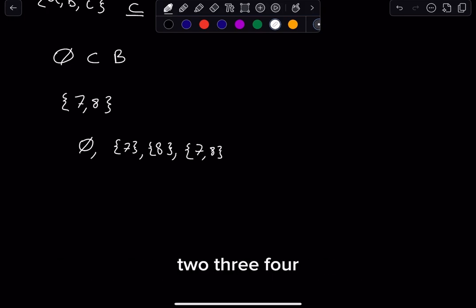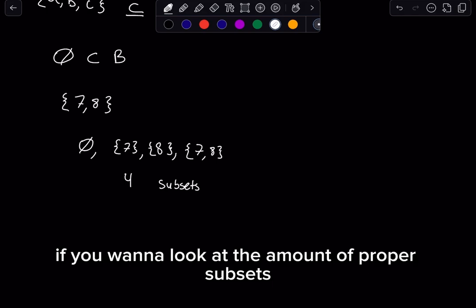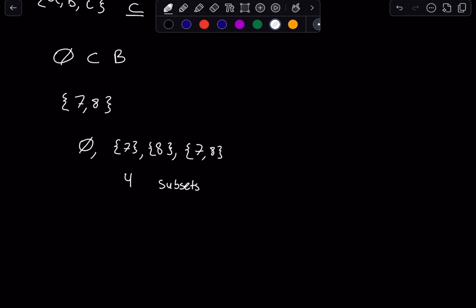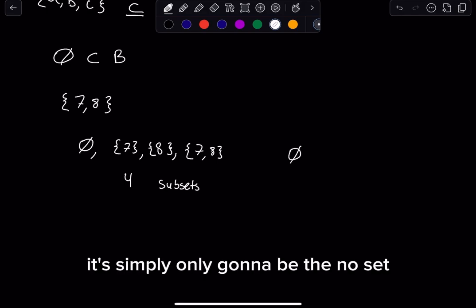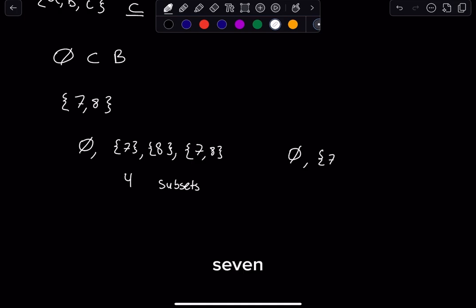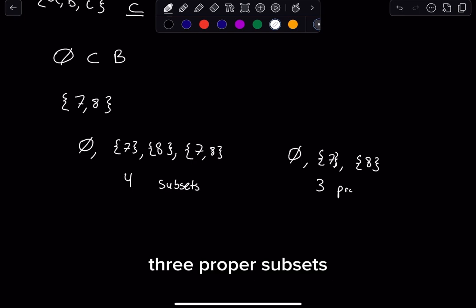So in total, we have 1, 2, 3, 4 subsets. If you want to look at the amount of proper subsets, it's simply only going to be the null set, 7, and 8. 3 proper subsets.